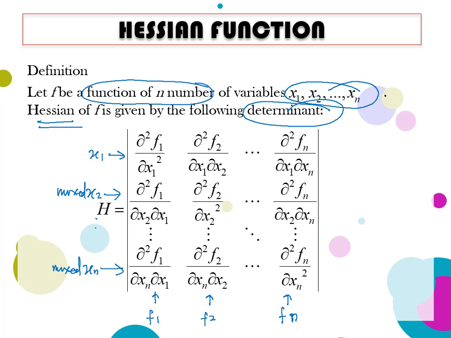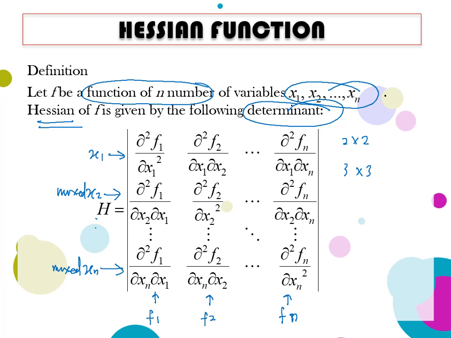And this will continue until your last function. If you deal with a 2 by 2 matrix, the determinant will be as usual. You need to perform the cross product minus the cross product of the others. If you have 3 by 3, then you need to use the other methods that we learned in the chapter on matrices.